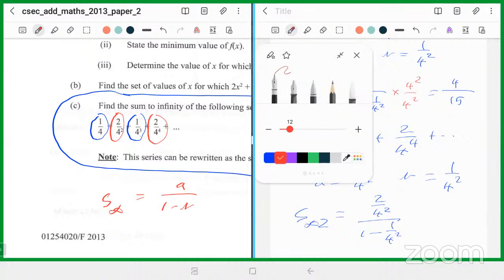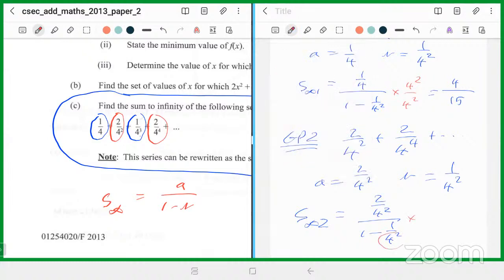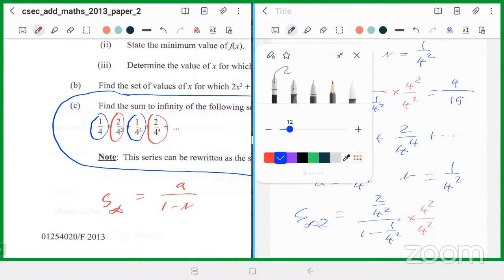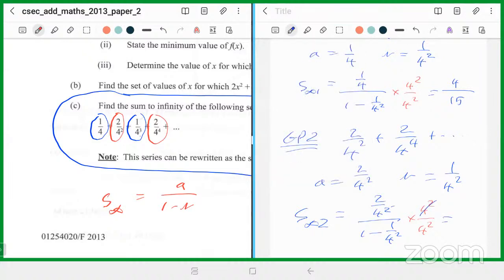Simplify it again by multiplying under here by a 4 squared and multiplying up here by a 4 squared. This cancels this, giving me a 2 on the numerator over 4 squared is 16 times 1 is 16, and it cancels the 4 squared out of that, giving me 1. So 16 minus 1 again is 15.